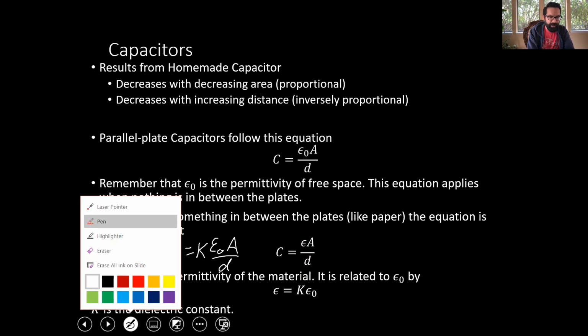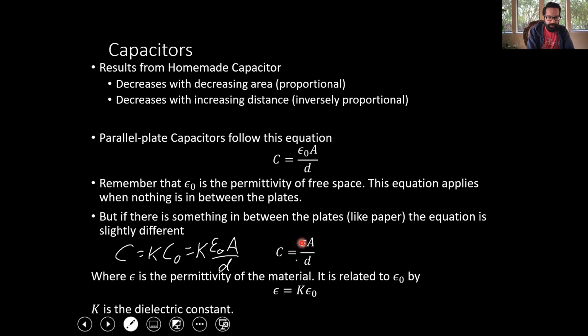So all I'm saying is that this epsilon zero here is just these two multiplied together, right? K epsilon zero. Like I said, it's just another way of taking into account the dielectric. Instead of epsilon zero, you have a new constant epsilon, and epsilon is related to epsilon zero, but it's just the dielectric constant times epsilon zero.